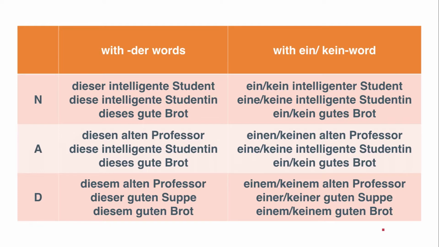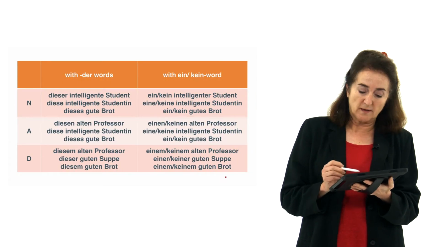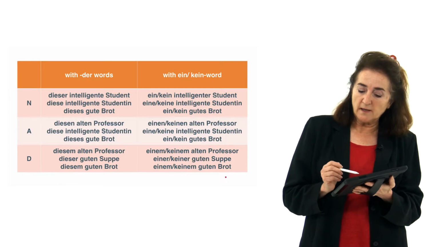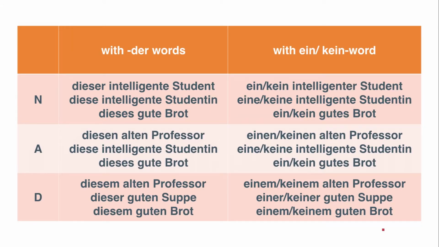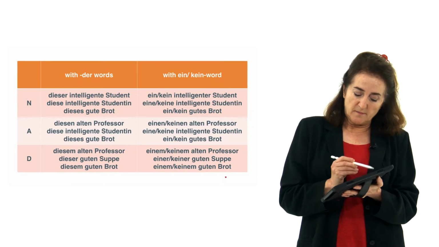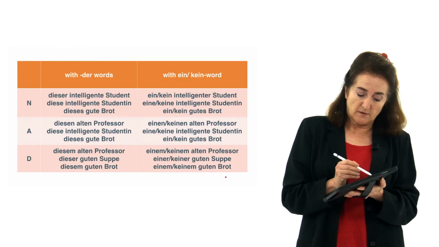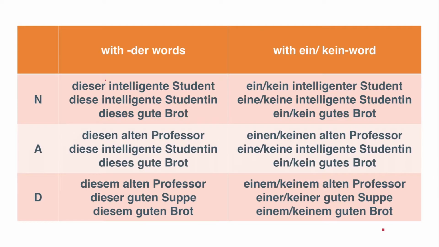Okay, here it's maybe more easily illustrated. So you have the der words on the left, and the ein or kein words on the right, indefinite article and negation, like I said, have the same ending. So let's look at the left, the der words, the strong ending, dieser. Demonstrative or direct articles. Dieser intelligente Student, diese intelligente Studentin for feminine, dieses gute Brot for neuter.